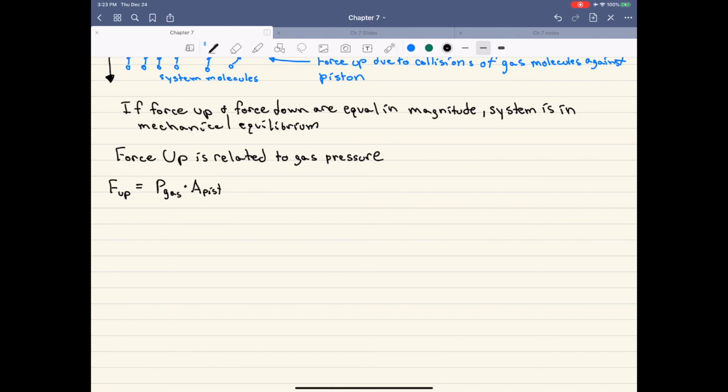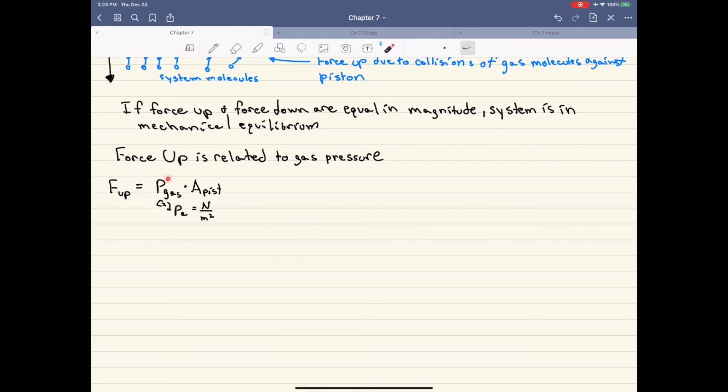All right? And why can I say this? Well, we have to remember what the units of pressure are. All the way back in Chapter 5, I mentioned that pressure, for example, if we have it in units of Pascal, those units are just equal to Newton over meter squared. And so newtons, which are a unit of force, over length squared, which is an area.